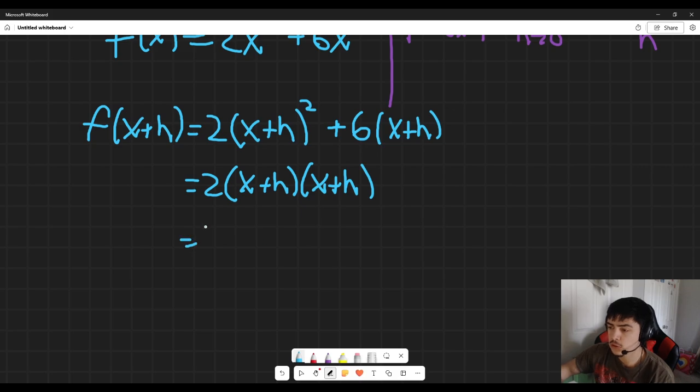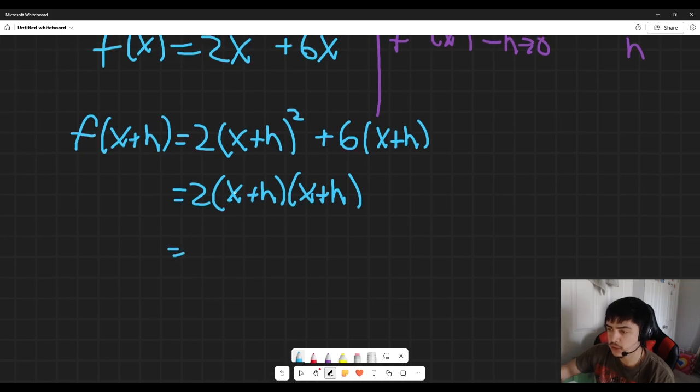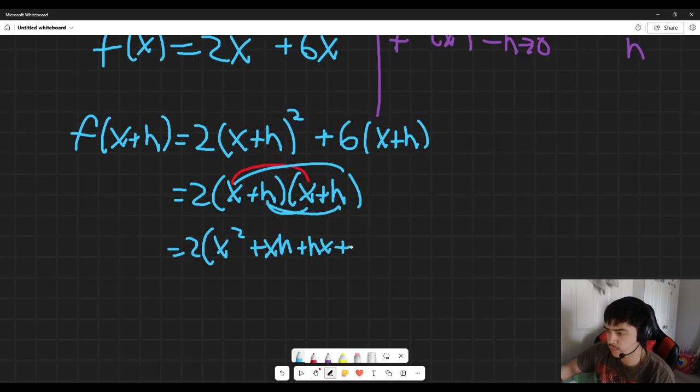And we can go ahead and just FOIL this right away and see what we get. So we get x squared. I'm going to keep this 2 on the outside. We're going to get x squared, and we're going to FOIL this over here. We're going to get xh. Here we're going to get hx, and then we're going to get plus h squared.